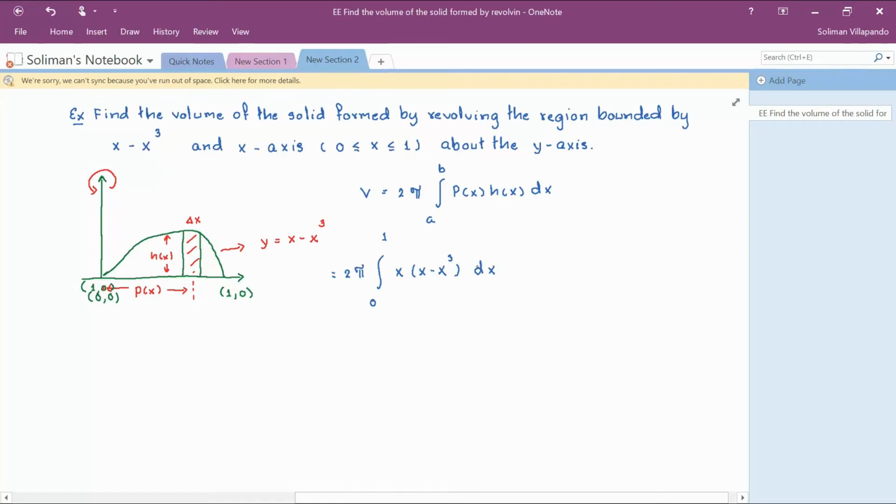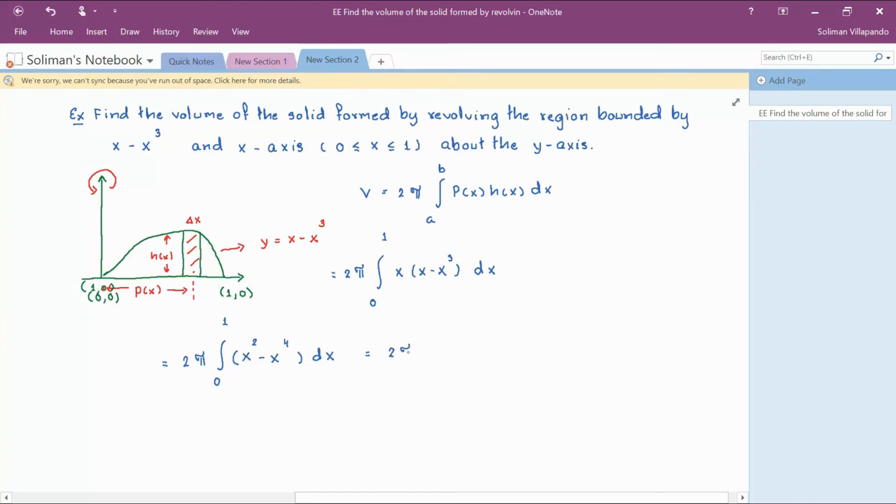Let's substitute more and simplify. I'm going to have 2 pi, an integral from 0 to 1, distribute the x in, so x squared minus x to the 4th, dx. Now we're going to take an integral of this.